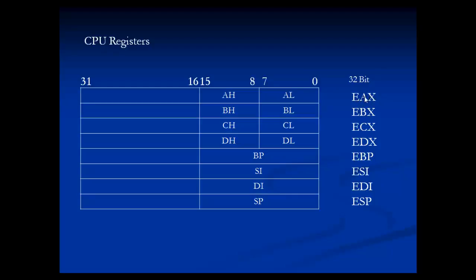Now this AX in turn can be broken into AH and AL. 0 to 7 is AL and 8 to 15 is AH. This AL stands for lower addresses and AH stands for higher addresses. Similarly, the other registers also can be broken into further subsets of themselves.